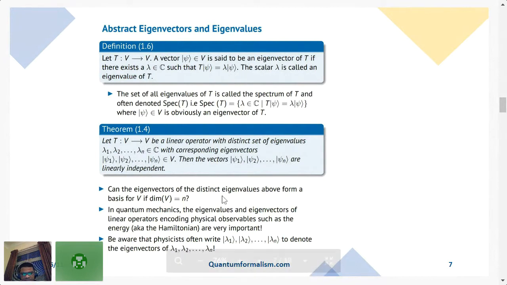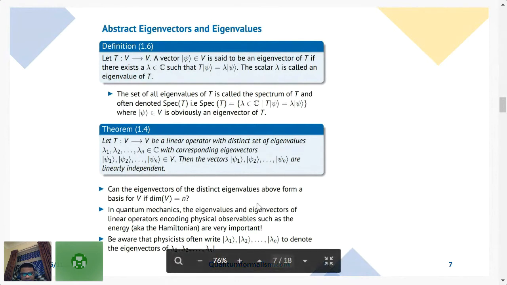And then I hope you could get to the answer of whether, if the dimension happens to be the same number as the index n here, these vectors form a basis.